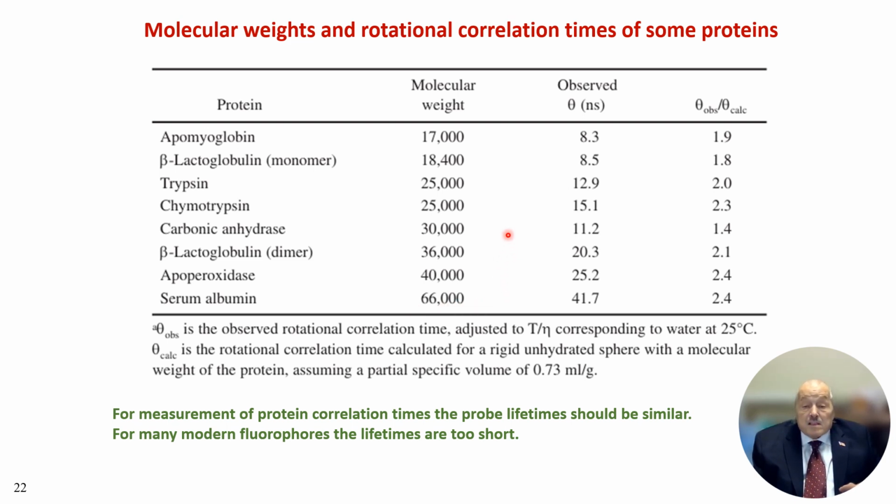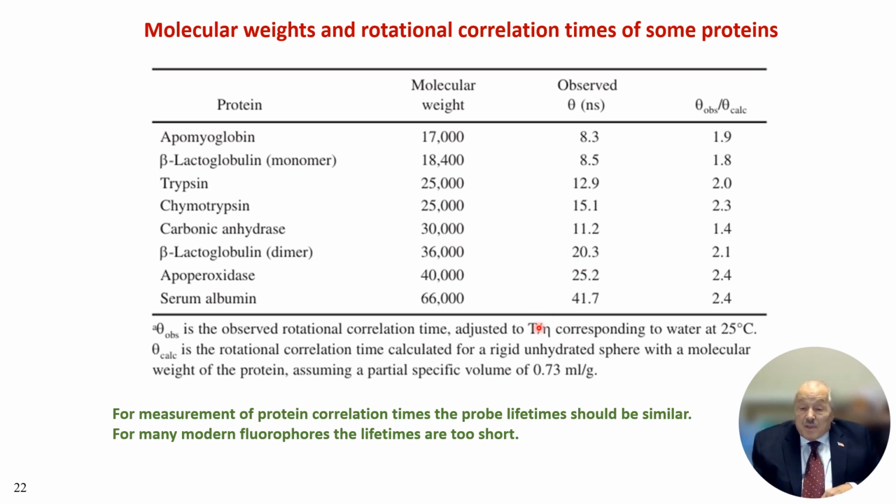One of the things that is routinely observed is that the observed correlation times are just about always longer than the ones you would calculate for the dehydrated protein. Well, that makes perfect sense, because the protein is going to be coated with water. The water is going to slow down the rotational diffusion. So most of the correlation times are longer than you would calculate without hydration.